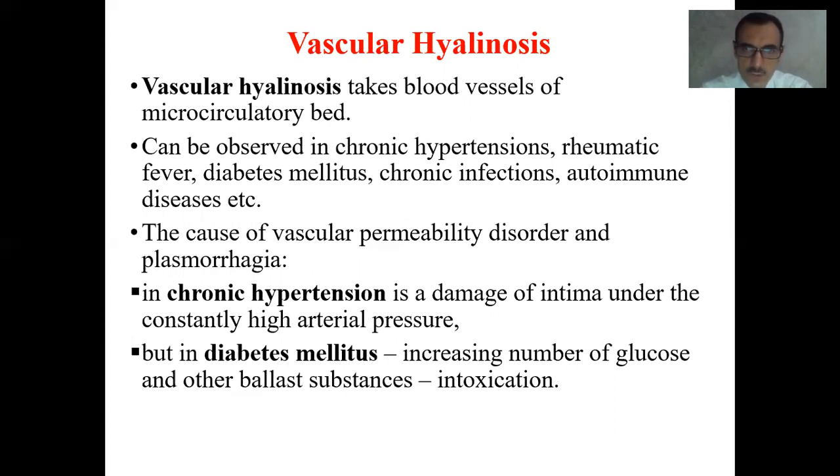It can be observed in chronic hypertension, rheumatic fever, diabetes mellitus, chronic infections, autoimmune diseases, etc. The cause of vascular permeability disorder and plasmorrhagia in chronic hypertension is damage of the intima under constantly high arterial pressure, but in diabetes mellitus, it is the increasing amount of glucose and other toxic substances, intoxication.